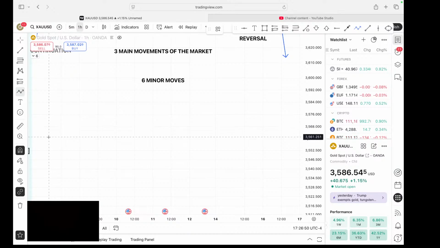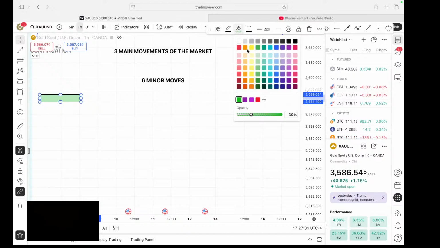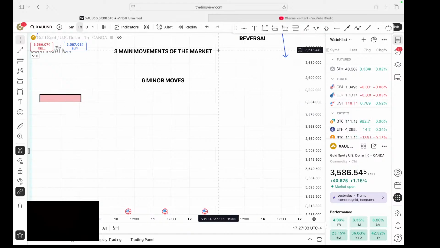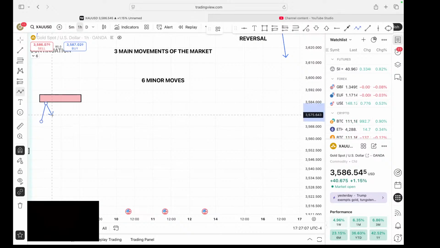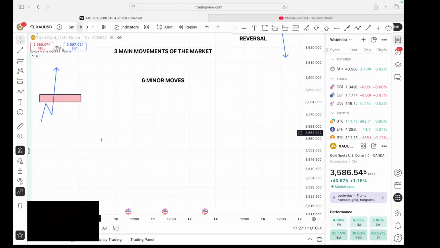The first one is called a breakthrough. So if this is resistance, let's just say this is resistance. Price just broke through. That's it. So all this, the breakthrough.